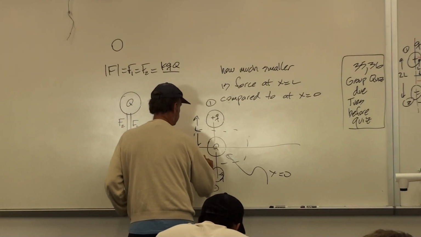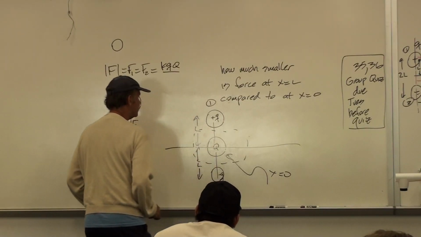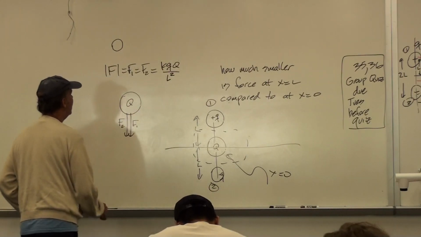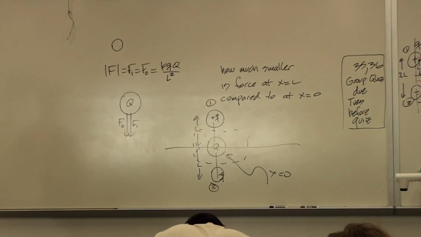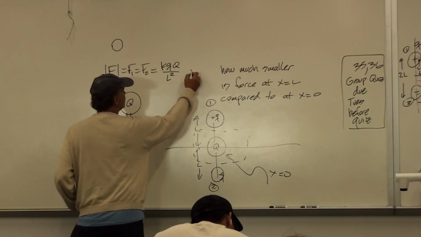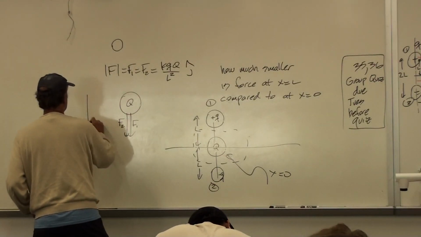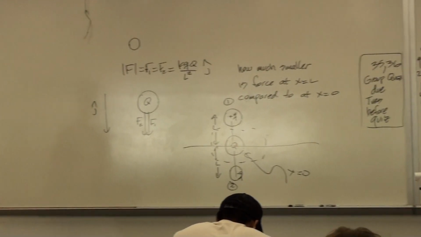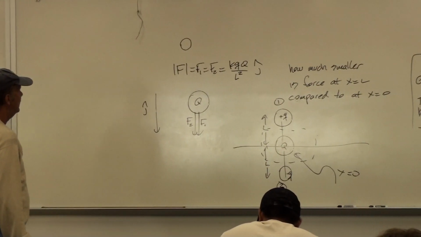This is L. This is L. So it's the same L. So both of them are the same. It's going to be K, little q, big Q over L squared. And so that'll be times some unit vector in the j hat direction. We define the j hat direction to be down. Okay.